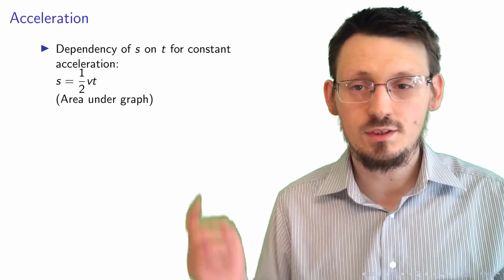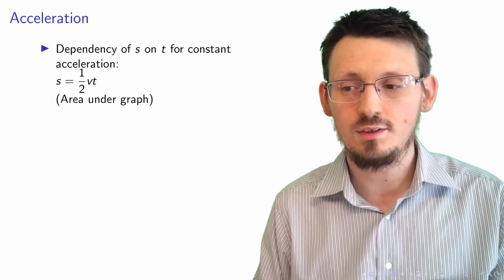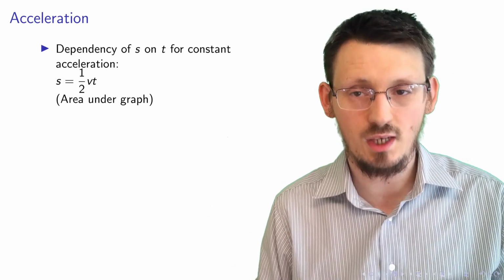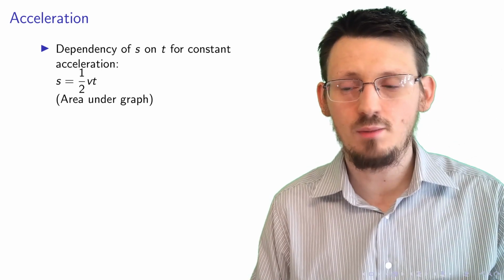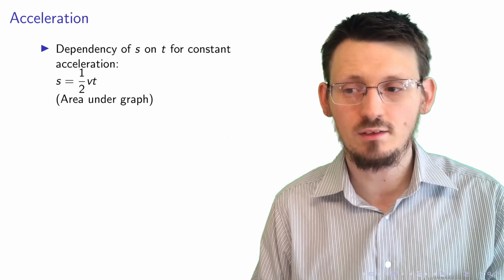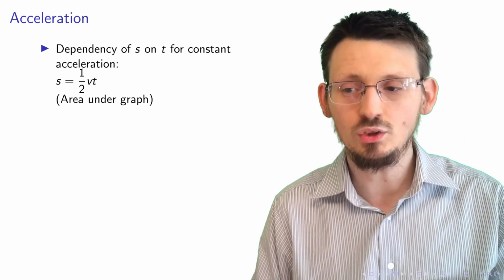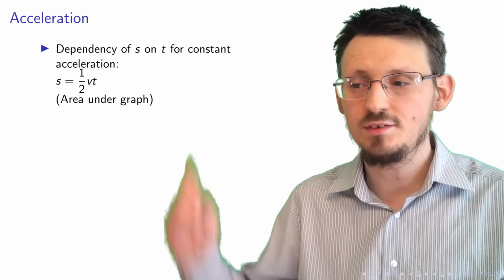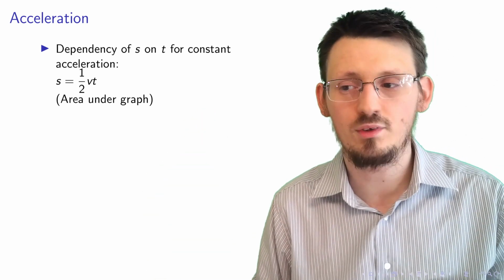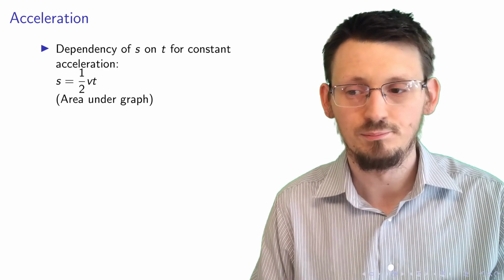The base in this diagram is then simply associated with the time interval t, whereas the height is given by the velocity of the object at that time. So therefore, it follows for constant acceleration, s is equal to 1/2 times v times t.